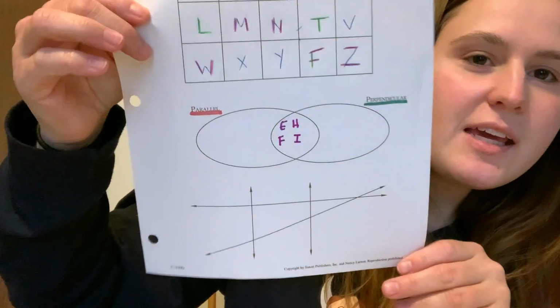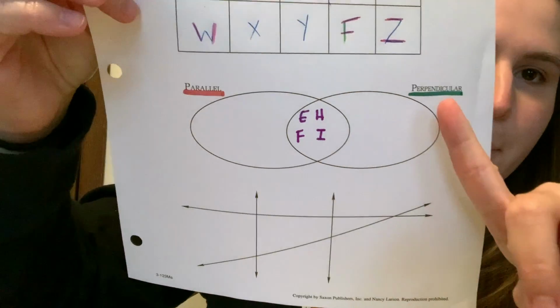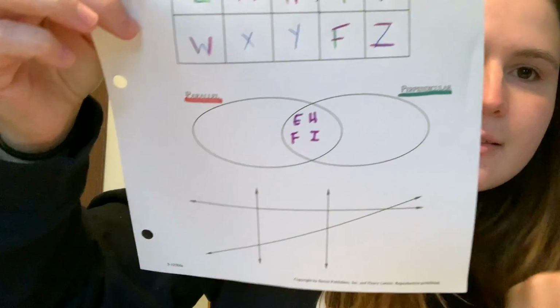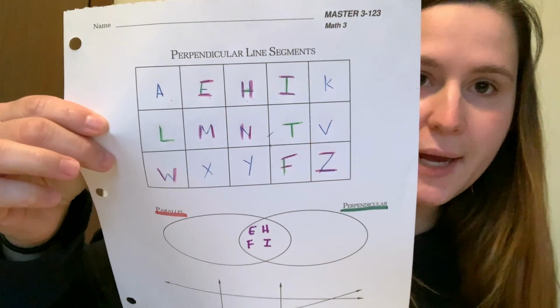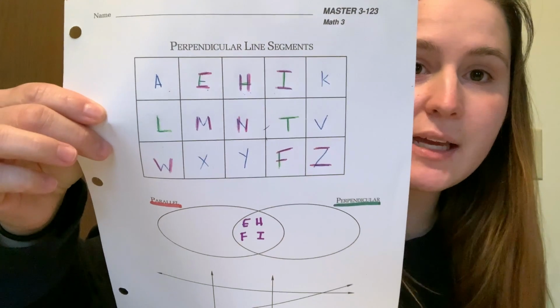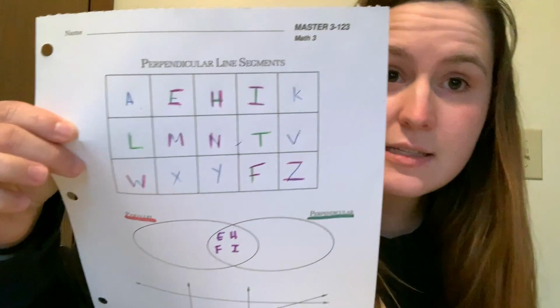I put these letters in the middle because they have both perpendicular and parallel line segments. Which letters only have parallel line segments in them? That means they only have red lines. Good job. There are 4 also. You should have M, N, W, and Z, so I'm going to put those on the parallel side.